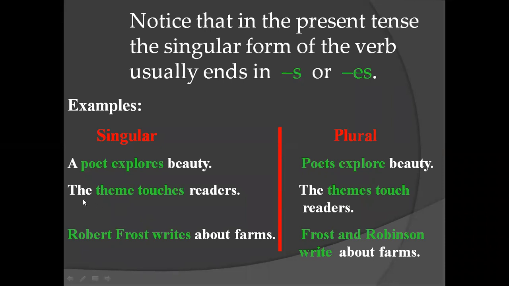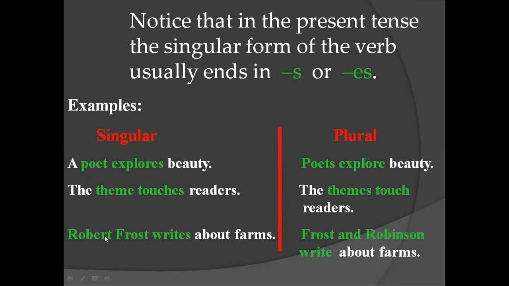Let's see the next example. The poem touches readers. In singular, the poem touches, you see es here, and in plural, the poems touch readers. There are no endings, no s or es. The last sentence: Robert Frost writes about farms.